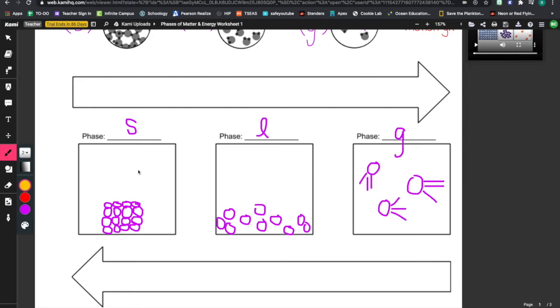Okay, so with regards to the kinetic energy of each of these phases, we know that everything's always moving, always, right? But our solids are going to have the lowest amount of energy. And I'm just going to put an arrow here. And then our gas are going to have the highest amount of energy.